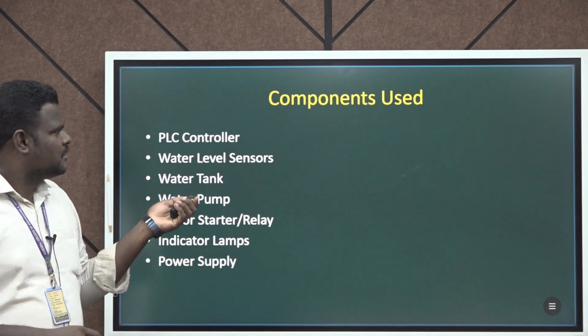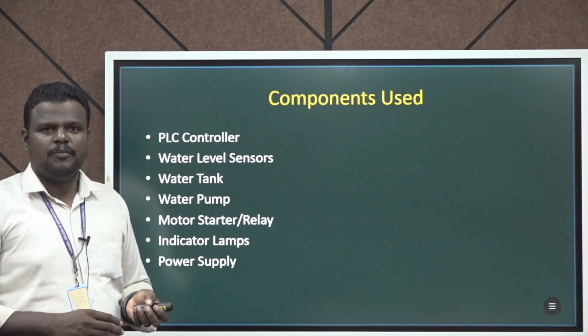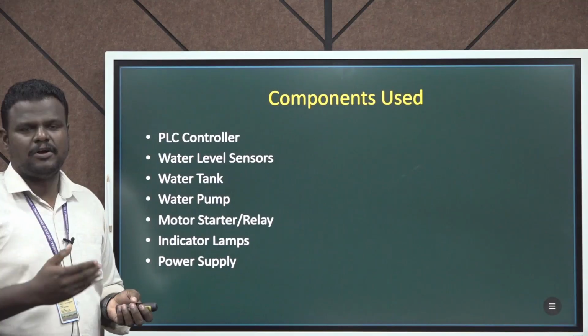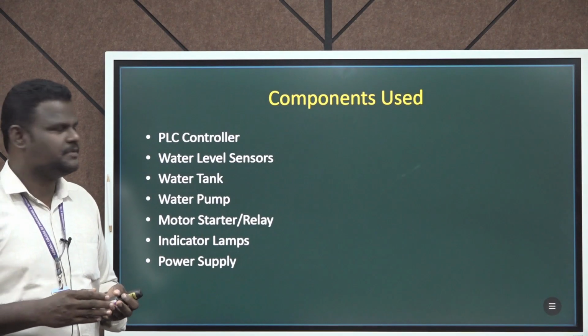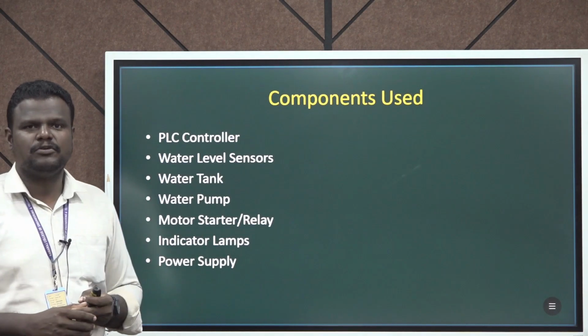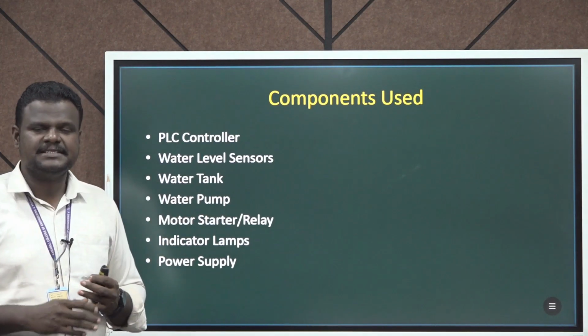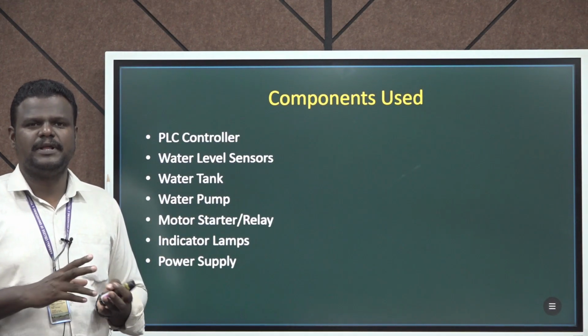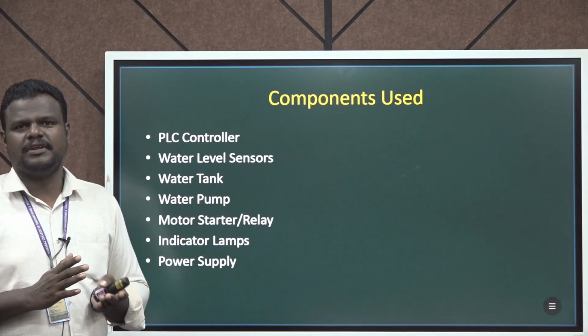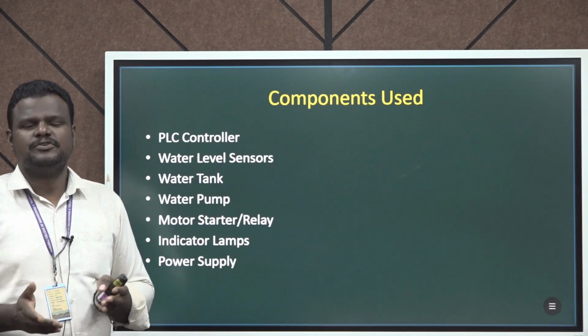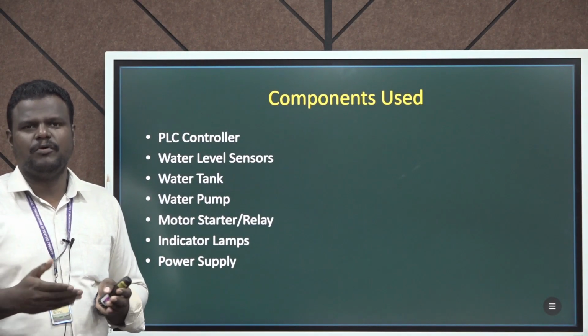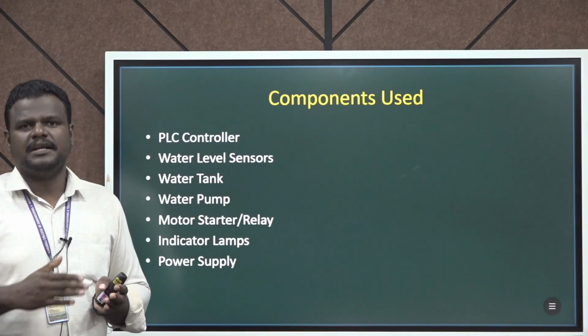Then the components used in this automatic water level monitoring system. The first one is the PLC controller, the programmable logic controller. The second one is water level sensors. There are two types of sensors: continuous and discrete. In this presentation we are going to discuss discrete sensors.